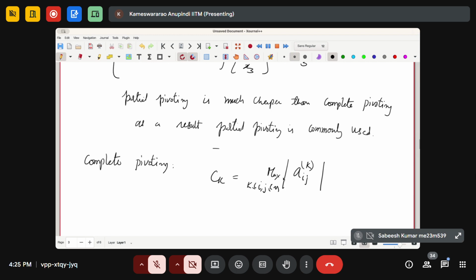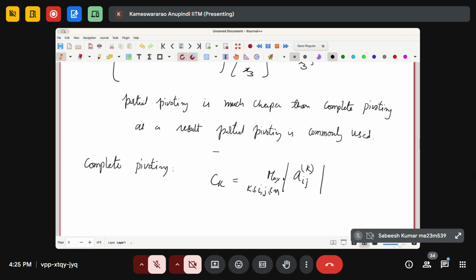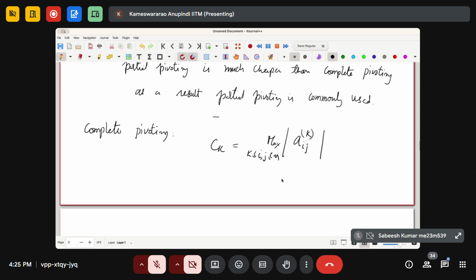Because we are looking at all the elements in the submatrix at the kth step. If i comes out to be greater than k, then exchange rows. And if j comes out to be greater than k, then exchange columns. But when exchanging columns, we have to be careful to put back the unknowns later. That needs to be done later. Fine. Questions so far?